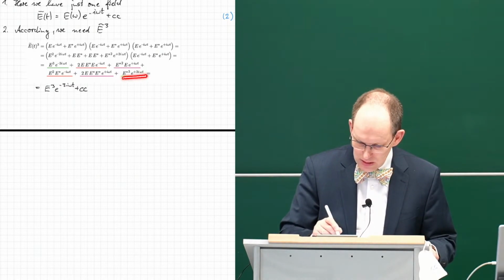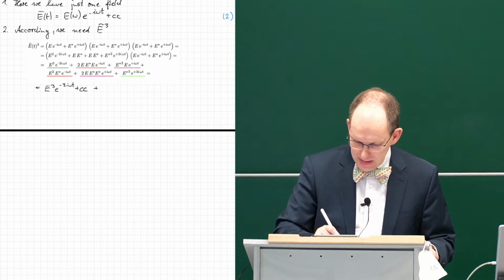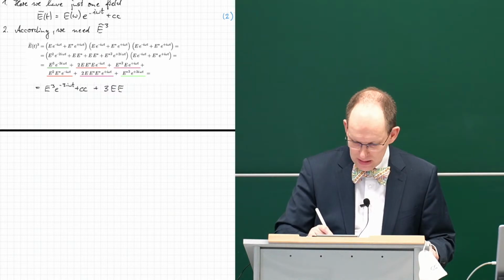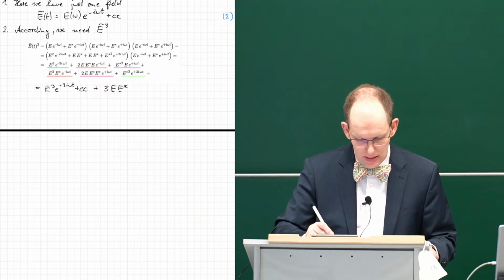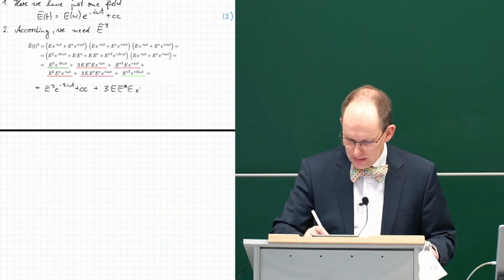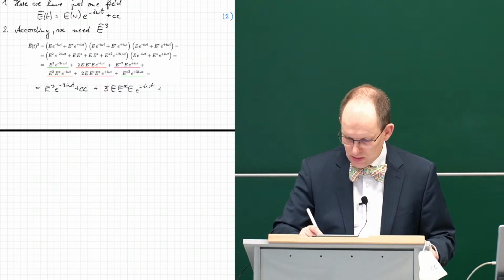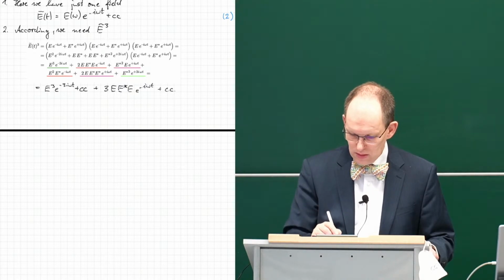So this here is just the complex conjugate of that, plus, and now 3 times E times the complex conjugate times E, and then e to the minus i omega t, and the rest is again just the complex conjugate of this term here, of course.